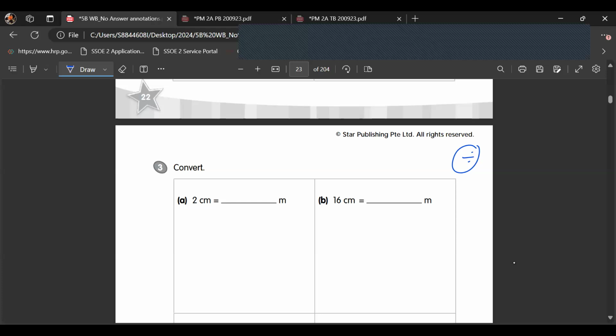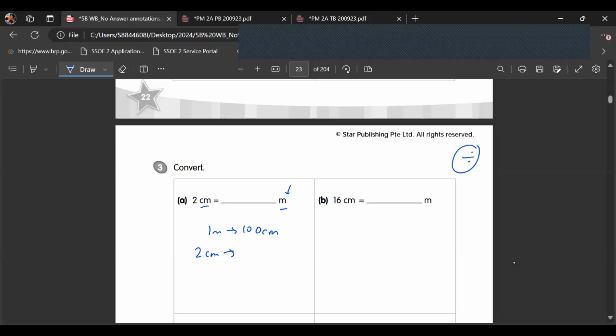Okay, so you need to know and really be able to see that, oh, so now I need to be able to decide, is it from a smaller unit to a bigger unit or from a bigger unit to a smaller unit? So in this case, I'm asking for 2 centimeter equals to a bigger unit.